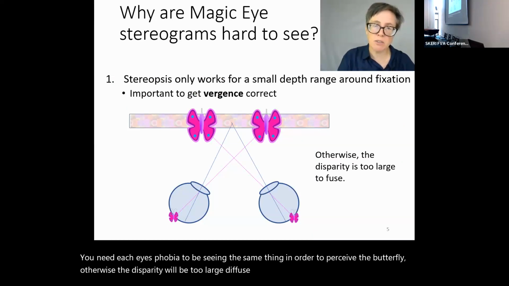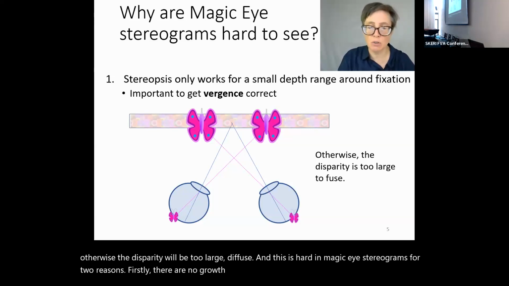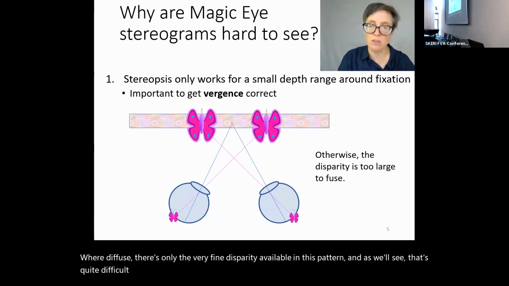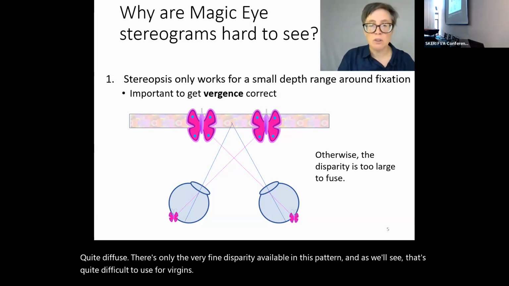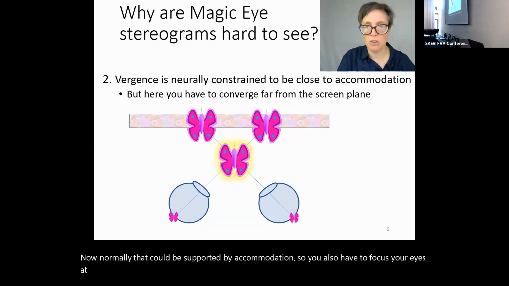And this is hard in magic eye stereograms for two reasons. Firstly, there are no gross overall contour cues to tell you where to fuse. There's only the very fine disparity available in this pattern. And as we'll see, that's quite difficult to use for vergence. Now, normally that could be supported by accommodation. So you also have to focus your eyes at a particular point in space.